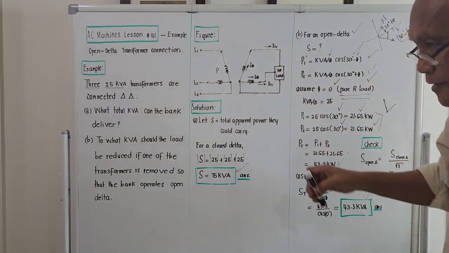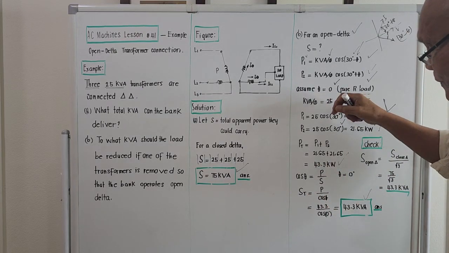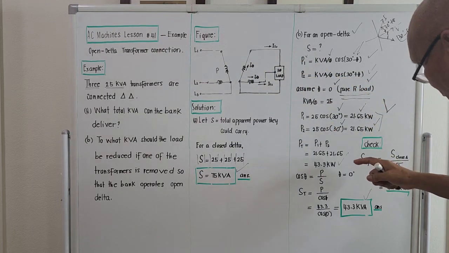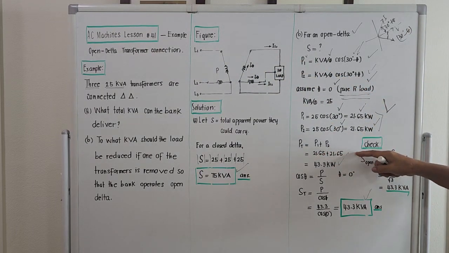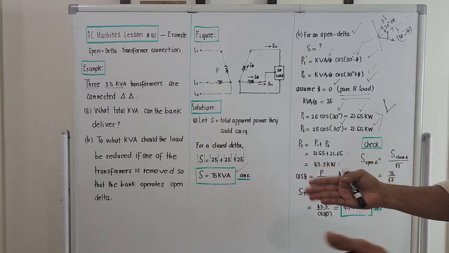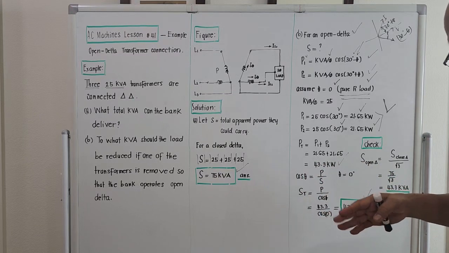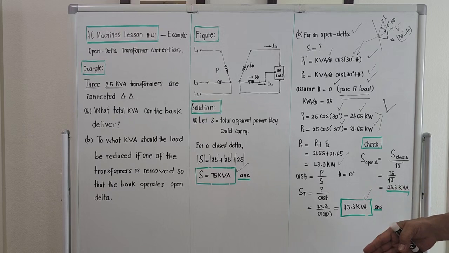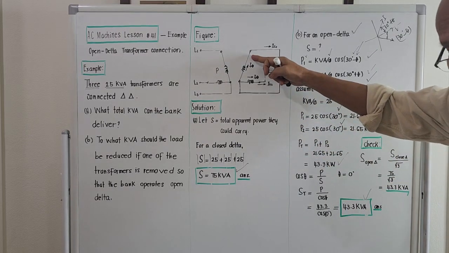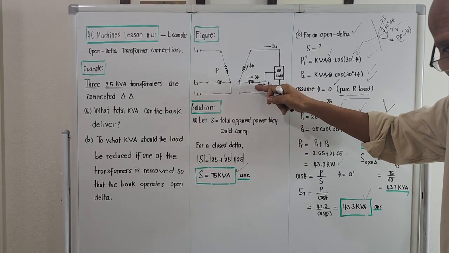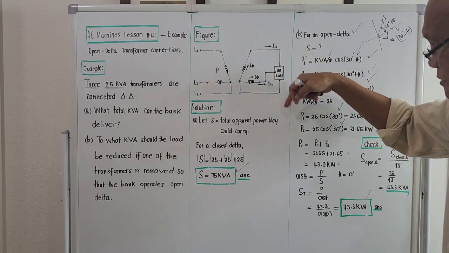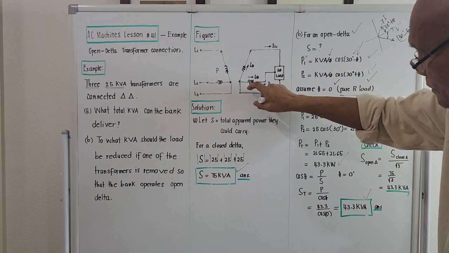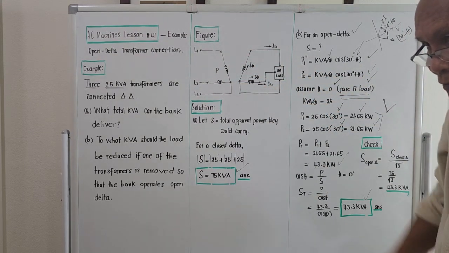But luckily, when theta is 0, the loads carried by number 1 and number 2 are actually the same, and they are both 21.65. At least one of them is not overloaded. Because there are power factor angles in which one is overloaded and the other one is underloaded. But for a pure resistance load, the load carried by number 1 and number 2 are the same.